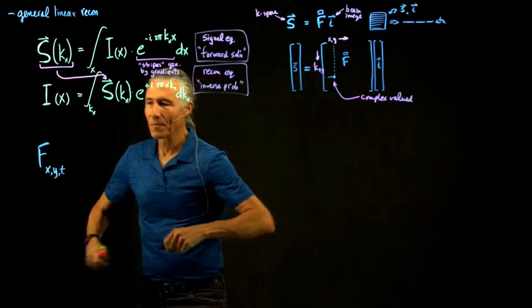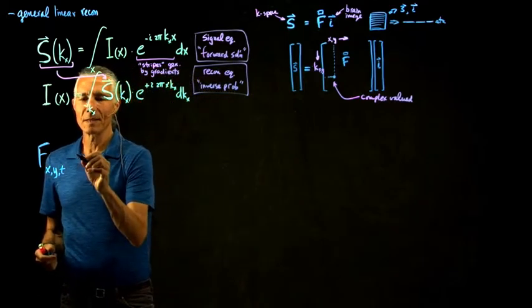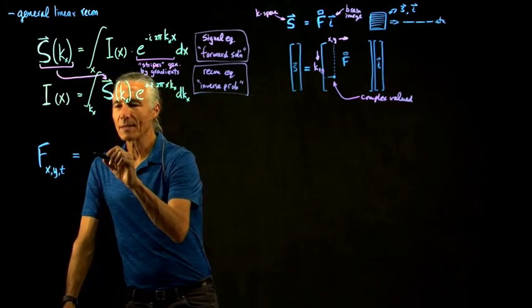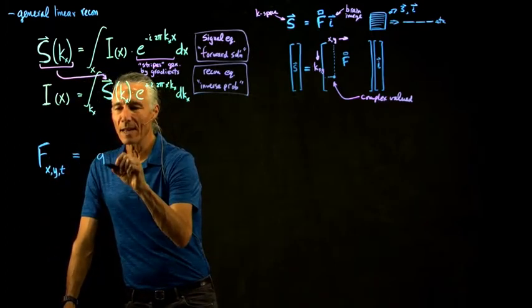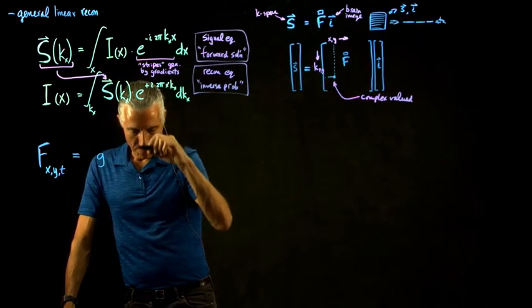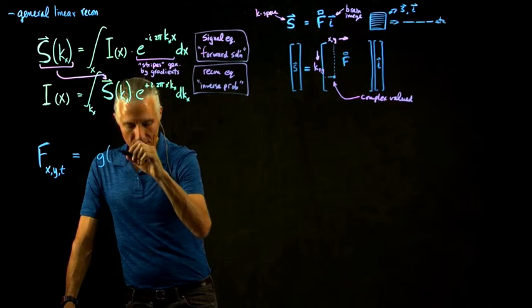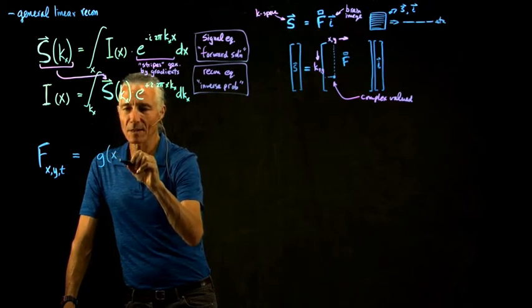And so what are the kinds of imperfect things we can stick in here? So one of the things is we can put in the gain of the RF coil. This is a function of x and y.